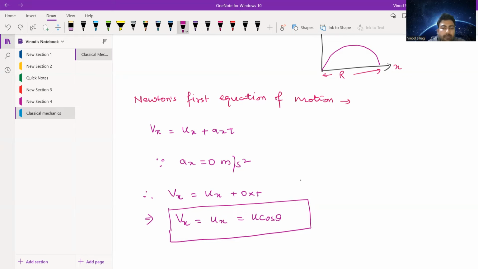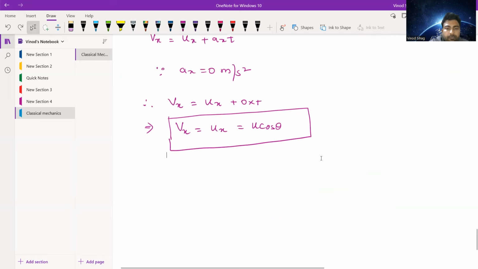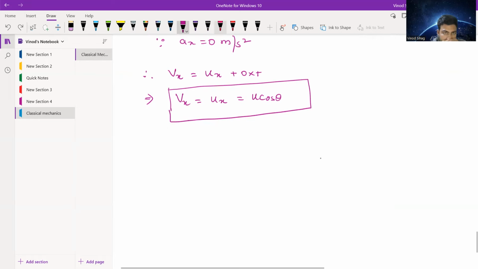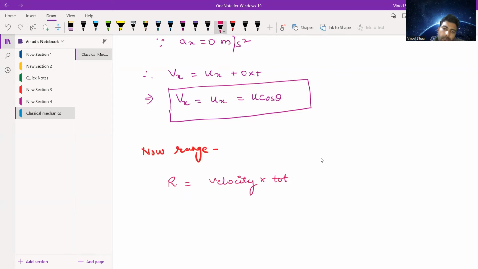Range R equals velocity into total time. Velocity in the x direction only, not in the y direction. So R equals ux into capital T.